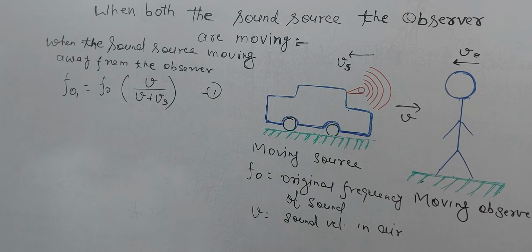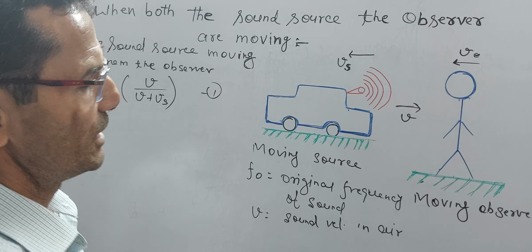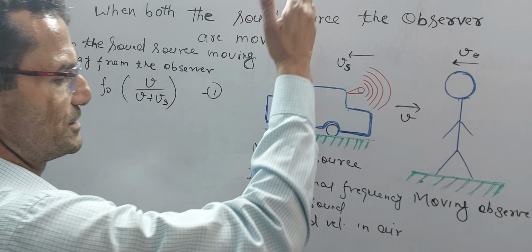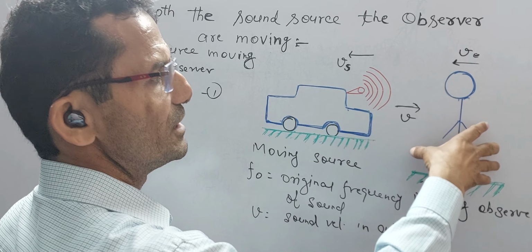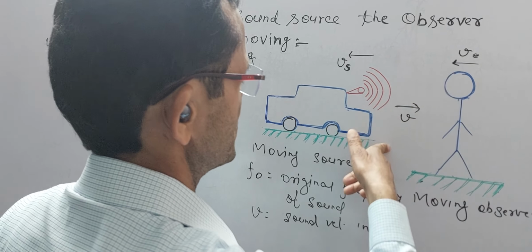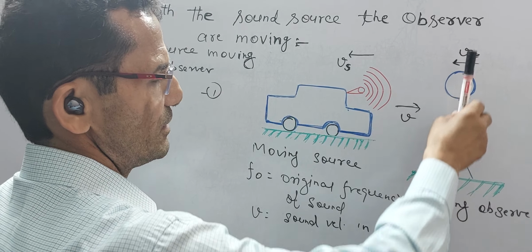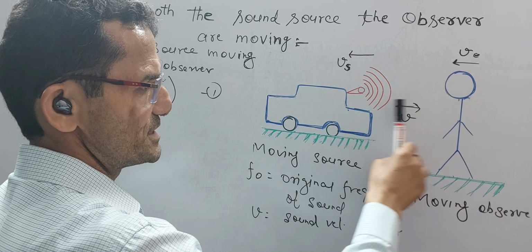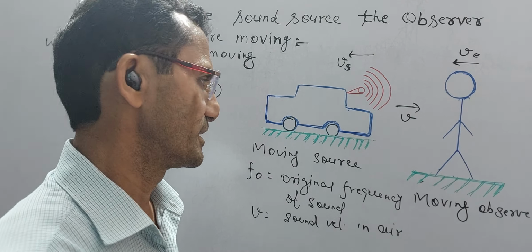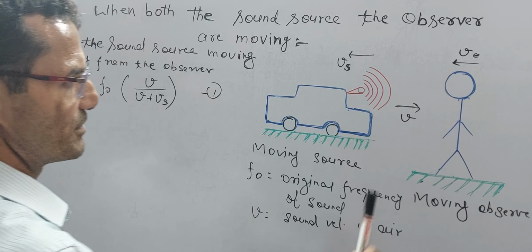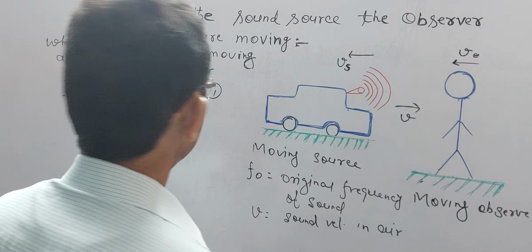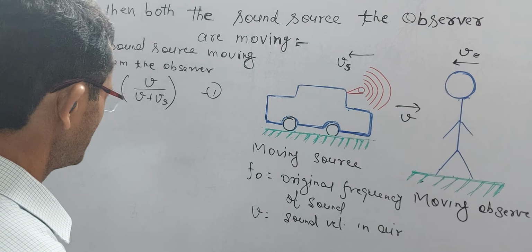Now in the second case, suppose that our source is at rest and only the observer is moving toward the source. In that case, when our observer is moving toward the source, the distance between them will decrease and the frequency will increase. Since the observer velocity comes in the numerator, the numerator should be greater than the denominator.